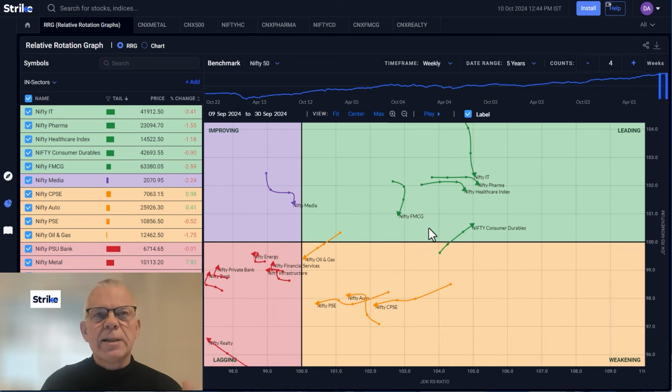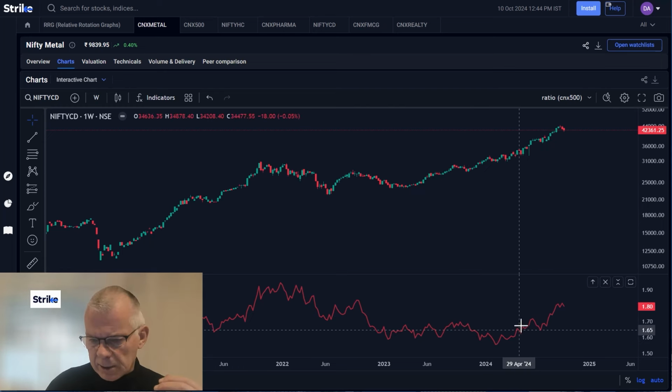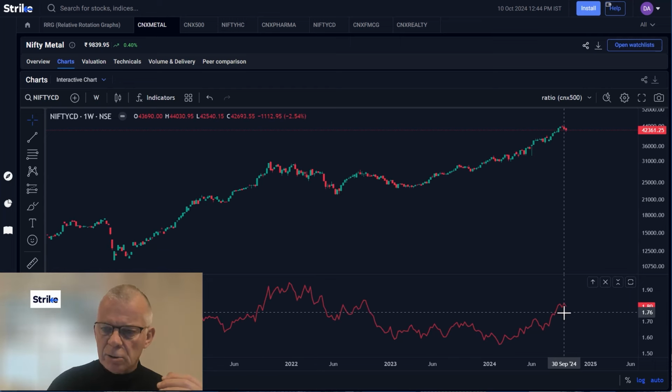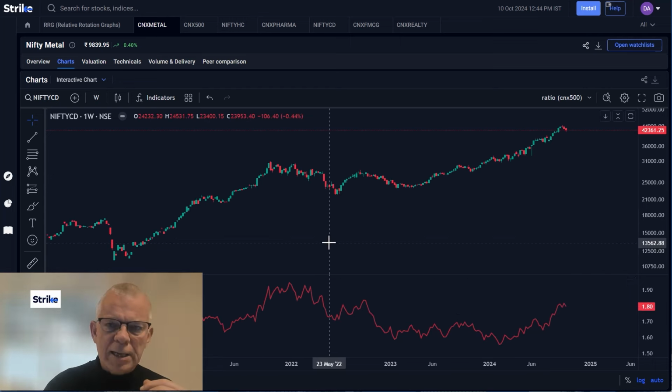That's the opposite: starting a new leg in an already established relative uptrend. On the chart, you can see that's exactly what this is doing. Here you see the turnaround, the little hiccup: we're in leading, go through weakening, and now we're picking up again. This is a continuation of that relative uptrend for the consumer durables sector.